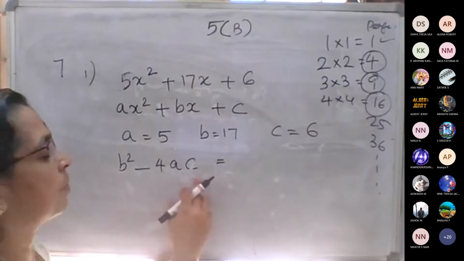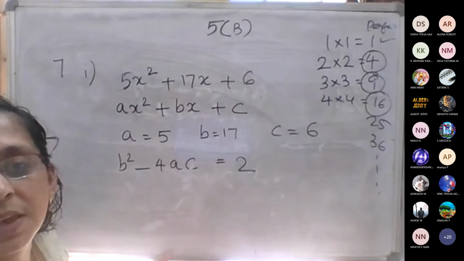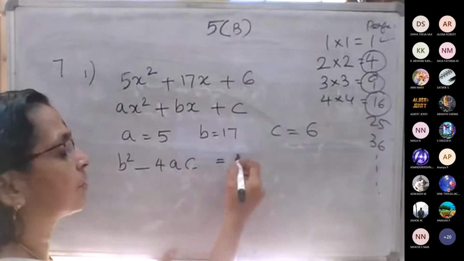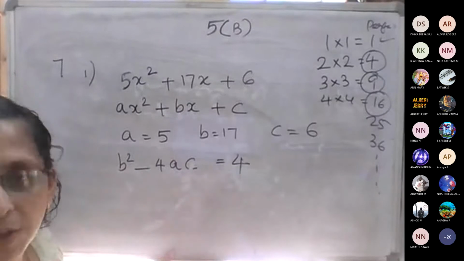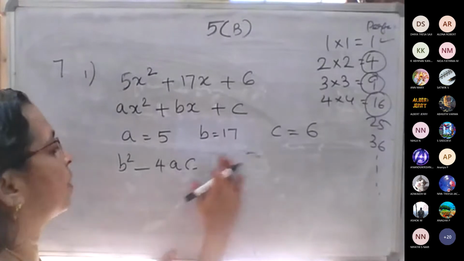If not, suppose b square minus 4ac is equal to 2, can we factorize that? No. If we are getting this as 4, we can factorize. Okay, so find out the value of b square minus 4ac.